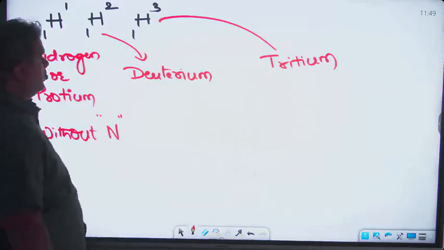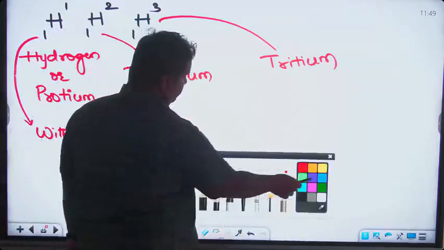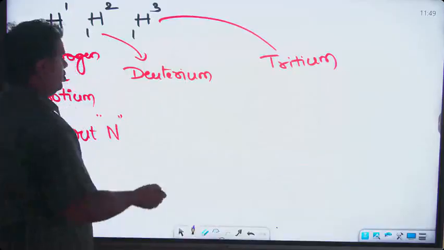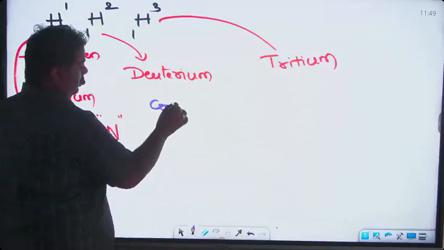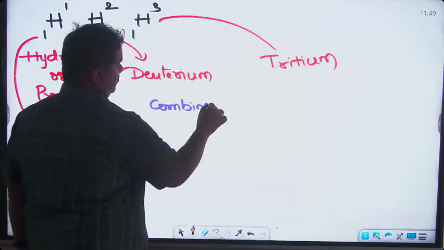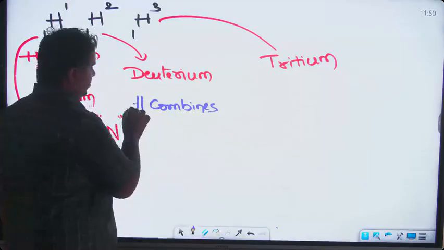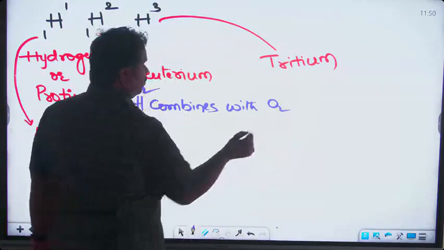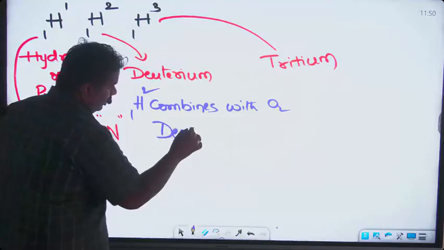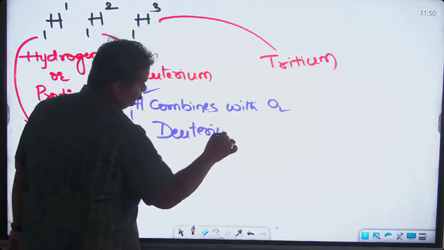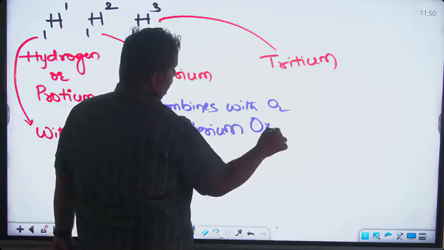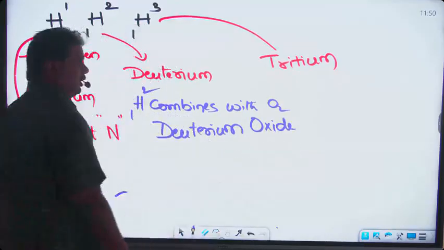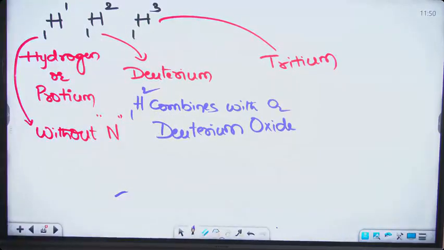Now talking about the case of deuterium. Deuterium combines with oxygen to form deuterium oxide. When deuterium reacts with oxygen, it forms deuterium oxide.